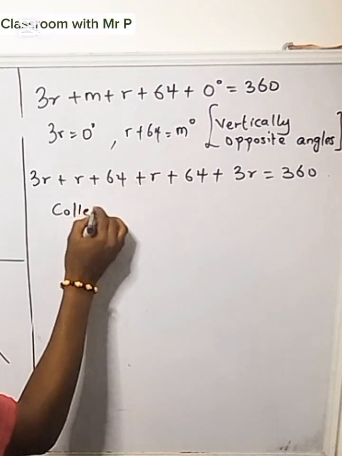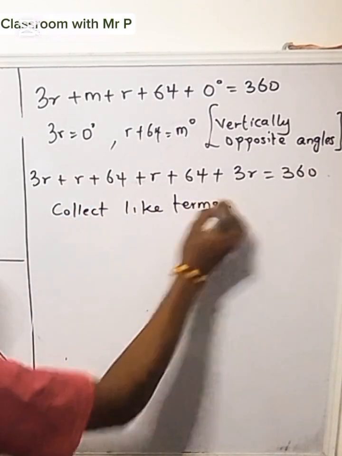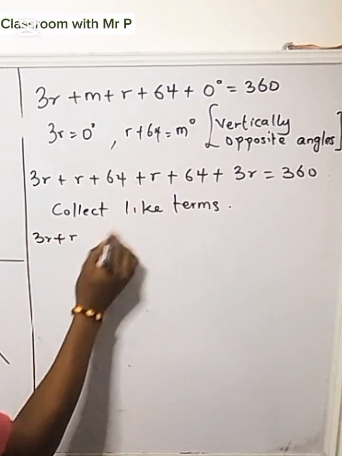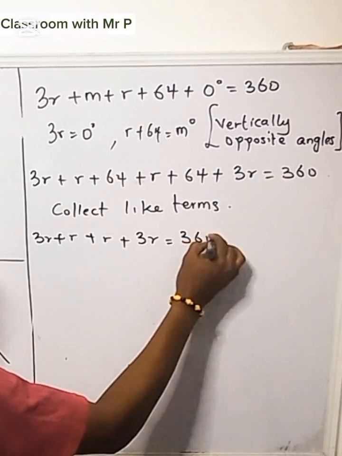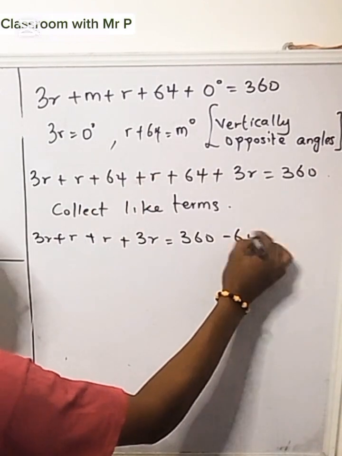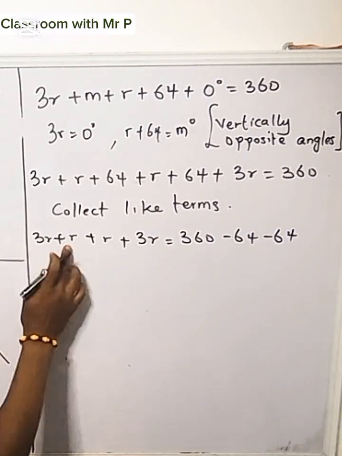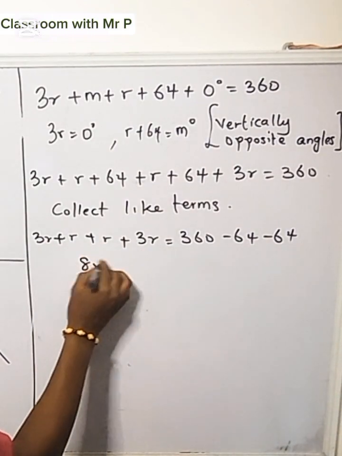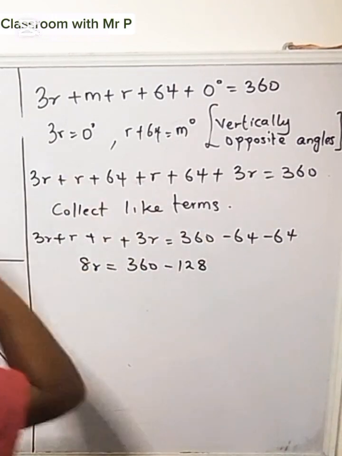So here I can just collect like terms. The like terms I have here are 3R plus R plus R plus 3R equals 360, and this comes here: minus 64 minus 64. Alright, so this is 3R plus R, 4R, 5R, 8R. 8R equals 360 minus 128.